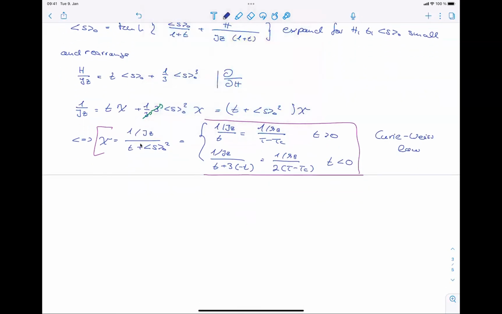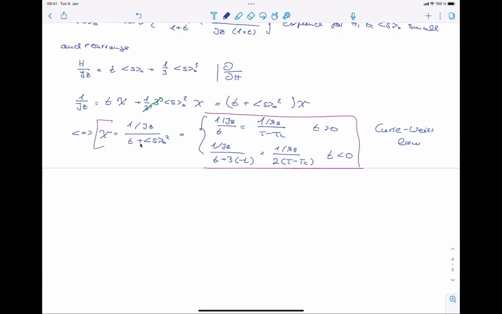Graphically speaking, what this means is if I plot the susceptibility as a function of temperature, this being the critical temperature, then below the critical temperature, I diverge like this, and above the critical temperature, I diverge like that.